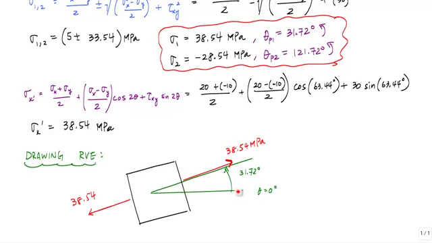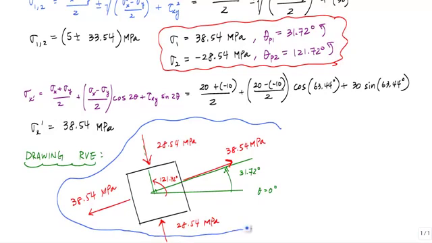And 121.72 degrees from my horizontal takes me to this face over here. I drew this kind of messed up, but it would be this line right here, and this angle would be 121.72 degrees, which takes me to sigma 2, negative 28.54 megapascals, which indicates compression on this face. I draw the direction of the arrow and the magnitude of 28.54 megapascals. And this is my principal stress state.